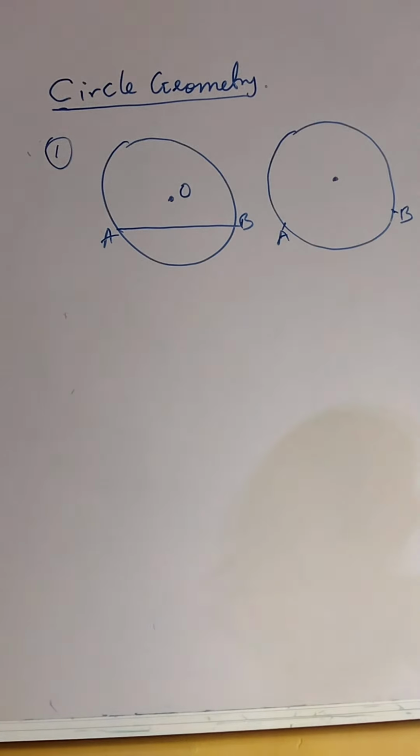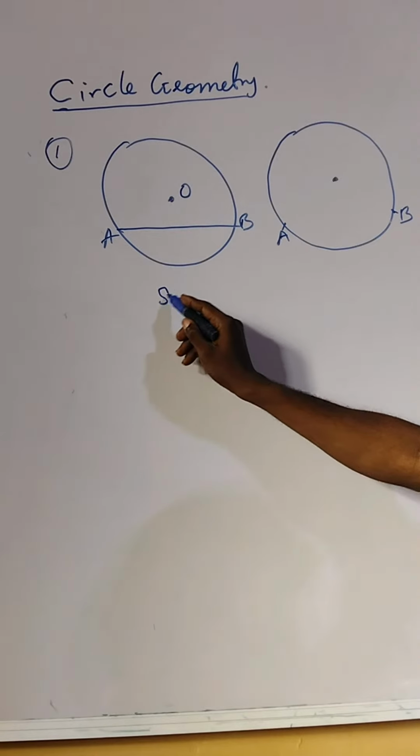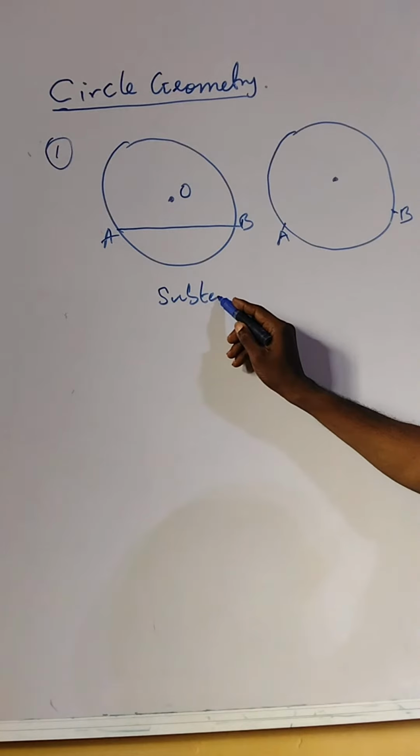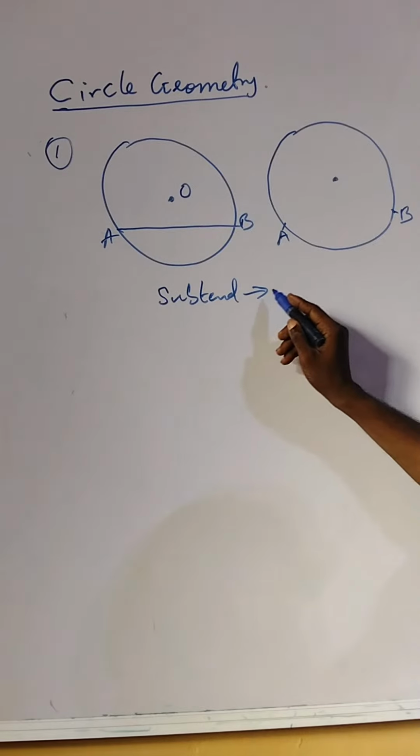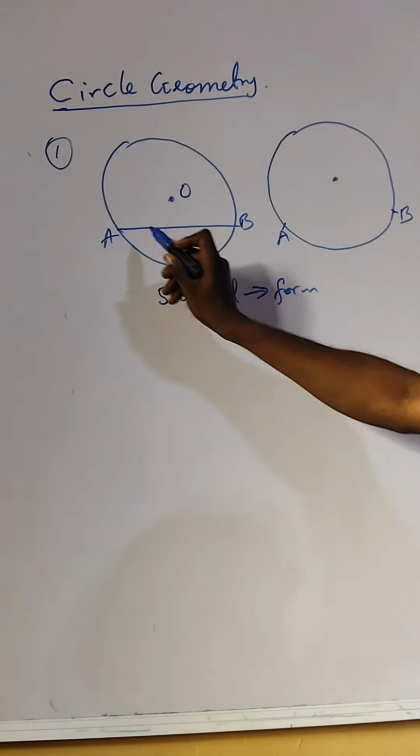Now, this first lemma is saying that a chord or an arc of a circle can subtend two angles at the center of the circle. Now, the word subtends here means form, form two angles at the center.